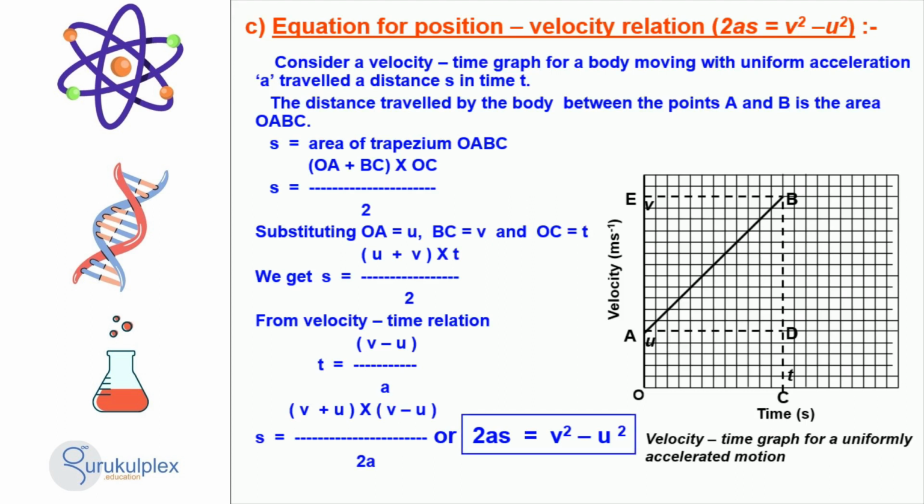Here, s is the distance traveled by the body between points A and B, u is the initial velocity of the body at point A, v is the final velocity of the body at point B, and t is the time taken for the body to travel from point A to point B. This equation can be obtained from the area of the trapezoid OABC, since s is equal to the area of the trapezium. Thus, we can easily derive from the graph the distance traveled between 2 points, the initial and final velocities, and the time taken to traverse that distance.